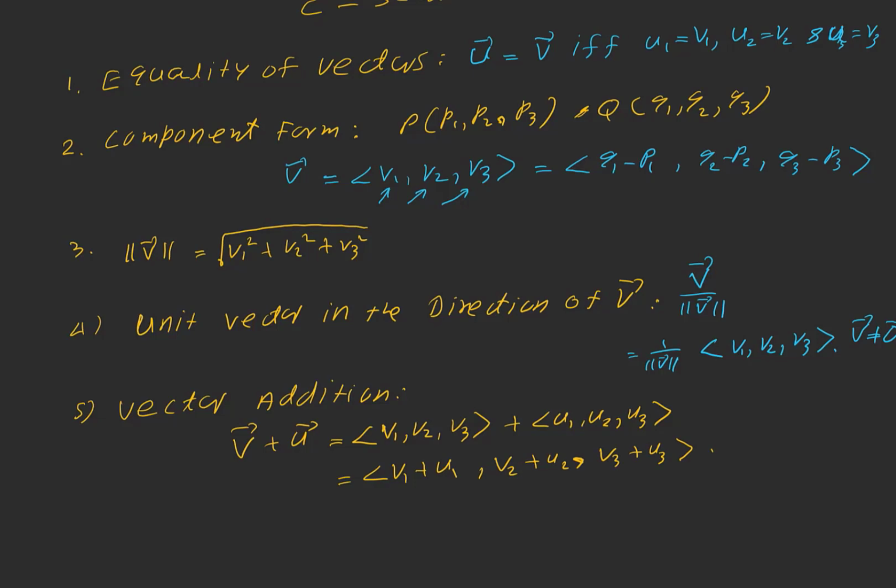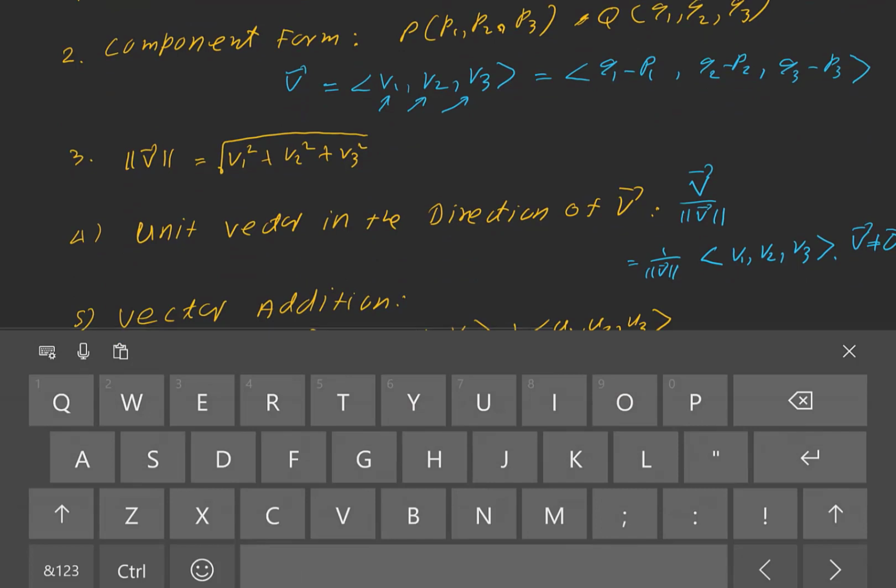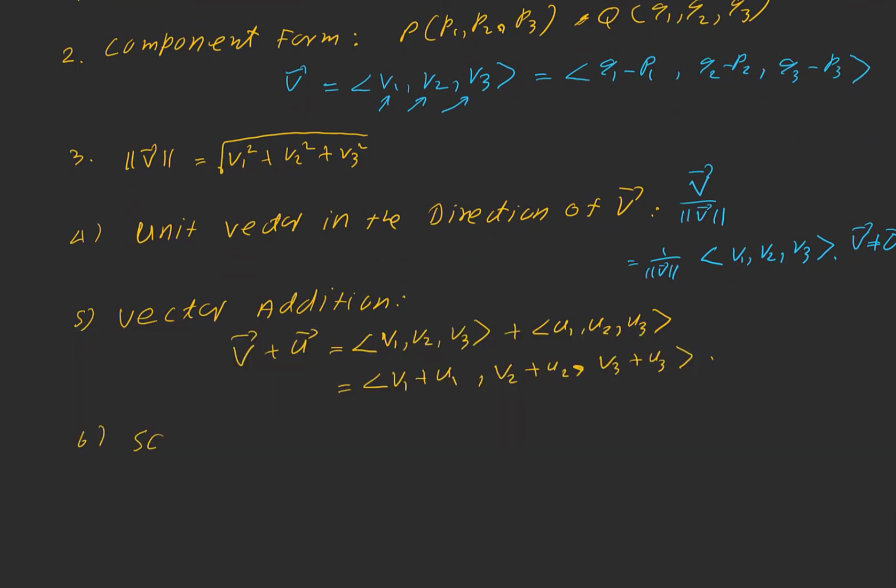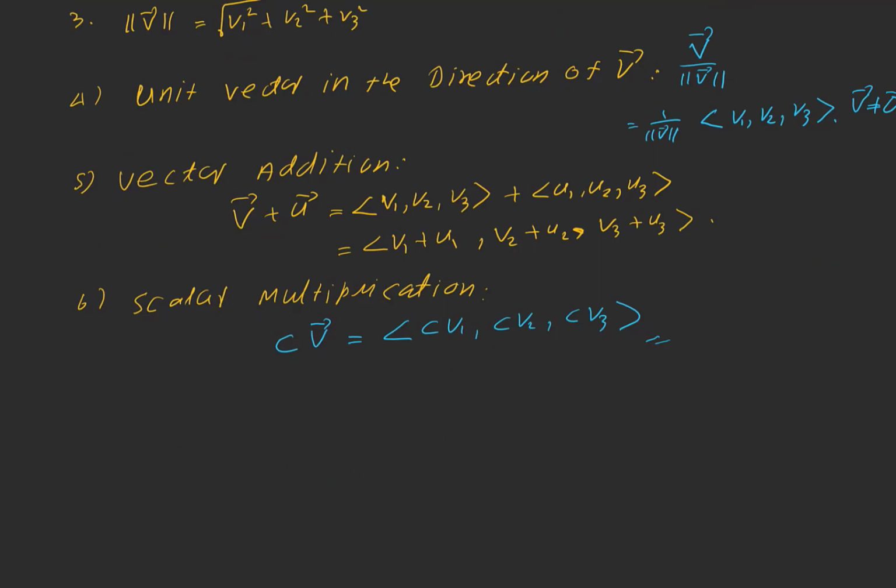That is the addition. Next one is scalar multiplication. It is also very similar to 2D: cv equals (cv1, cv2, cv3).